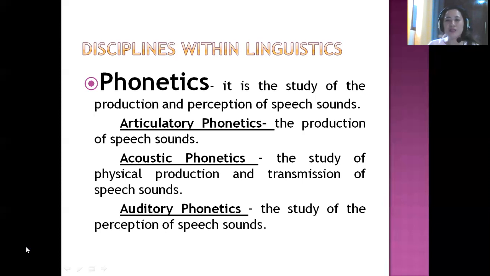We also have palatal sounds, no? We will go deeper into that in the future. Then there is auditory phonetics, which is the study of the perception of speech sound. So how you hear the sounds.